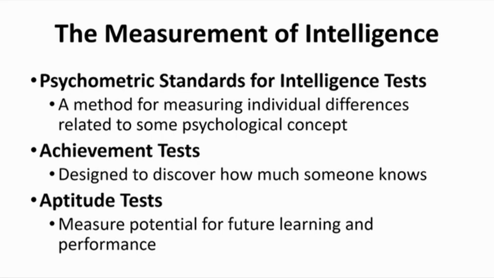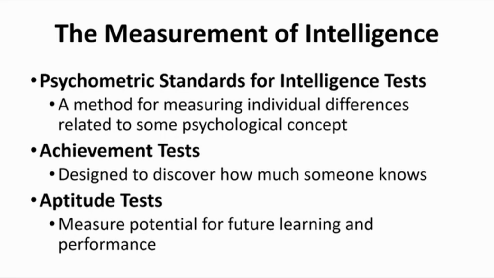So when we're talking about psychological tests, we're basically talking about a method for measuring individual differences related to some psychological concept. So when we're talking about intelligence tests, intelligence is itself the construct, and the scores that we're developing, the output of these tests, are a result of our operational definition of that construct.